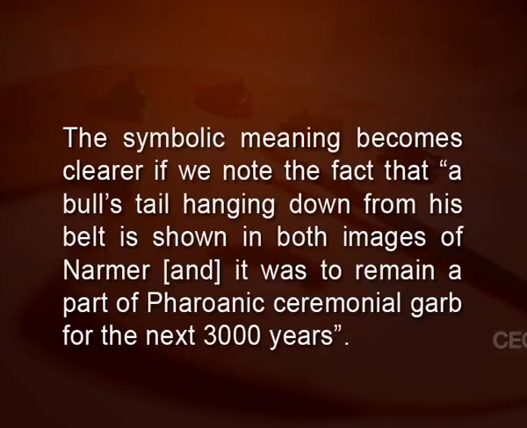The symbolic meaning becomes clearer if we note the fact that a bull's tail hanging down from his belt is shown in both images of Narmer, and it was to remain a part of pharaonic ceremonial garb for the next 3000 years.